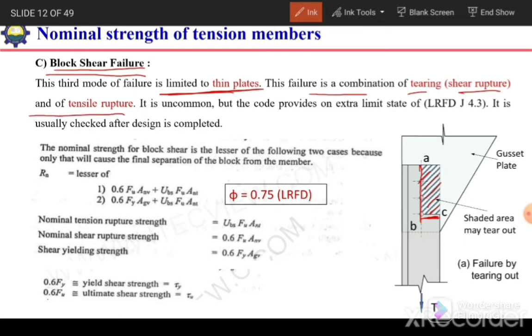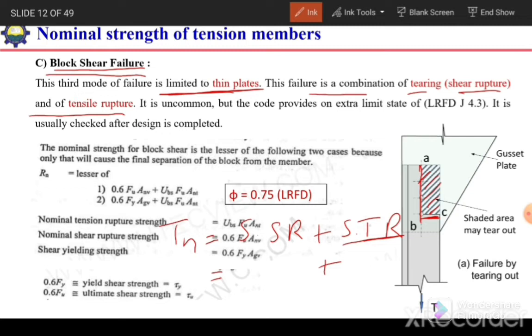If we want to calculate the strength corresponding to block shear failure, our nominal strength will be equal to the strength corresponding to shear rupture plus the strength corresponding to tensile rupture. First, we can simply write the strength corresponding to tension rupture.